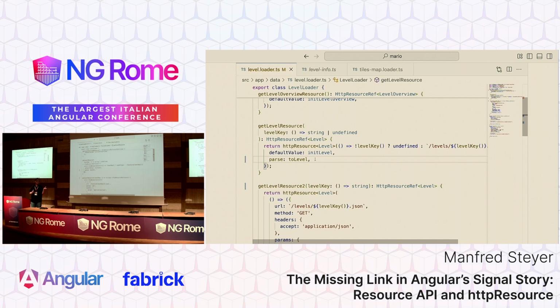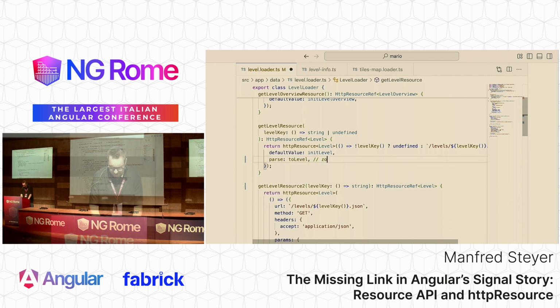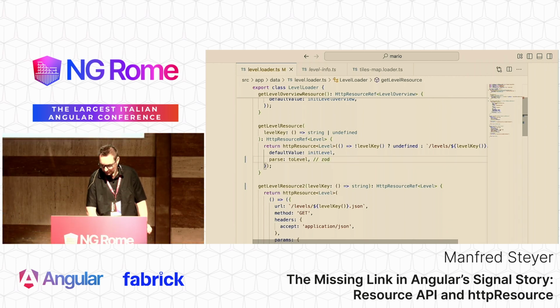Originally, parse was called map, but map was a bit misleading, and I also did the mistake of thinking it's about general purpose mapping. No, it's mainly about mapping in the sense of reviving and in the sense of checking the data format. Usually, you don't use a handcrafted function here, but some schema library like that.